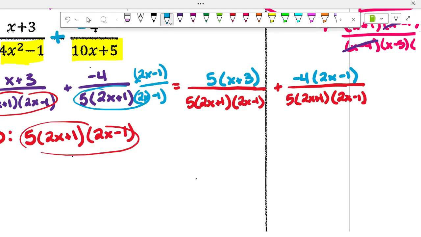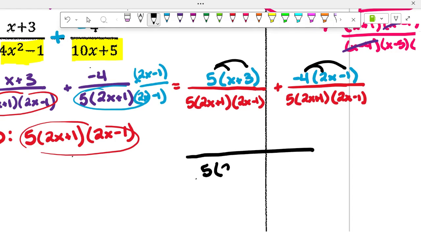Very easy simplifying from there because all I have to do is distribute. Don't even have to FOIL or box method. So I'm going to rewrite this with the denominator as 5 times 2x plus 1, 2x minus 1. Then I have 5x plus 15 minus 8x plus 4.